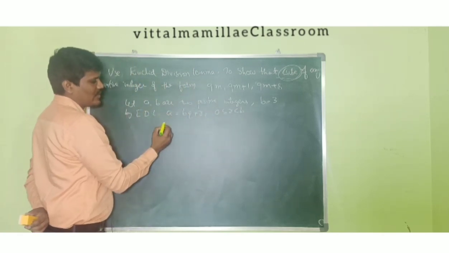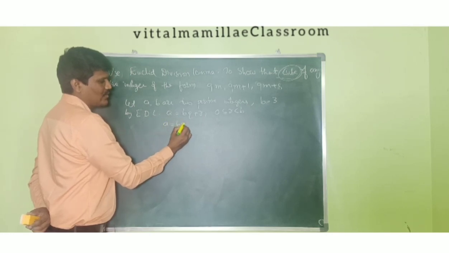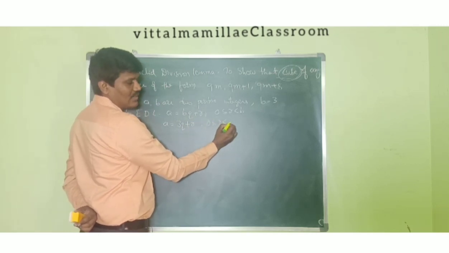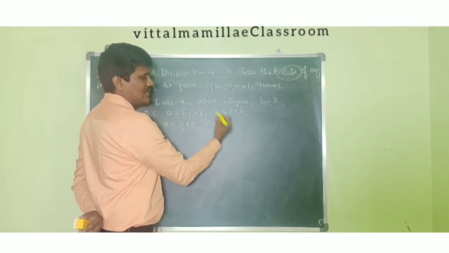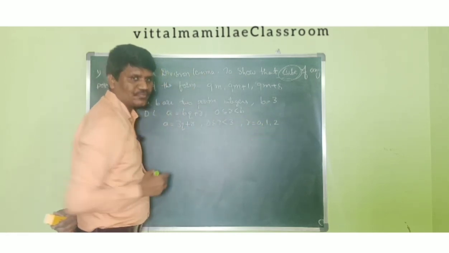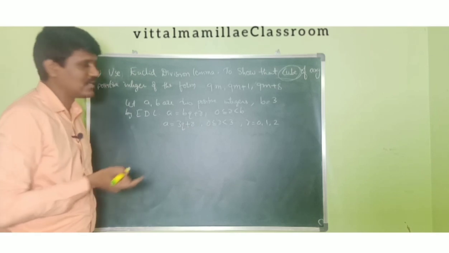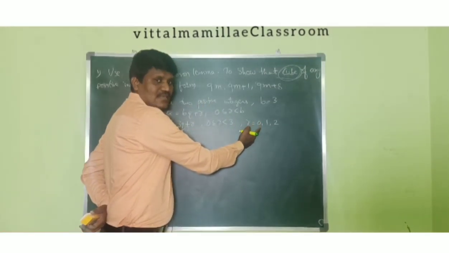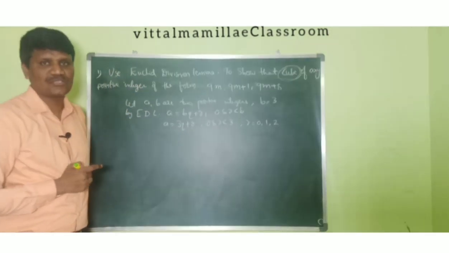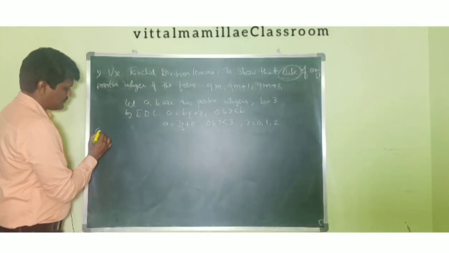Now if I substitute the b value, a is equal to 3q plus r, where 0 less than or equal to r less than 3. Then r values will be 0, 1, 2. Now how many cases should we take? First case r is equal to 0, second case r is equal to 1, and third case r is equal to 2. Let us take case 1.